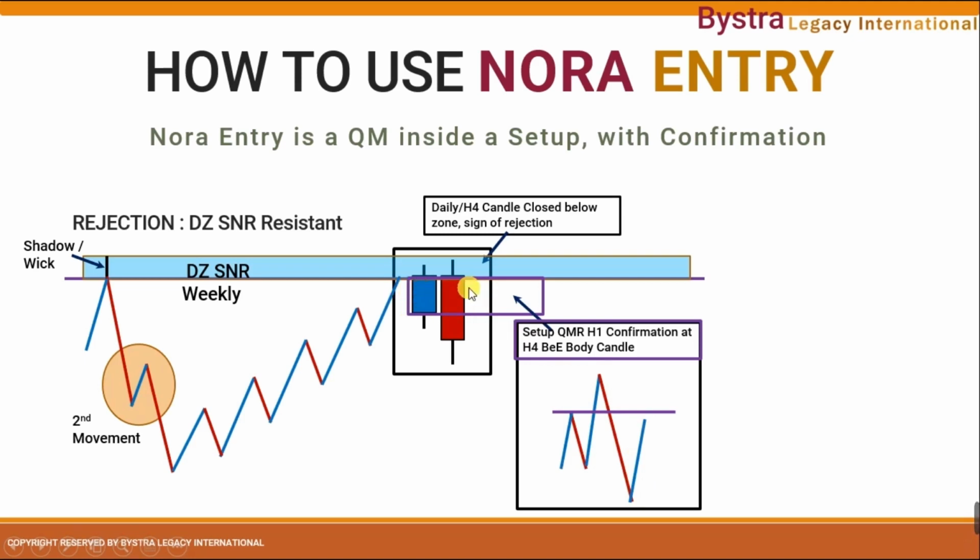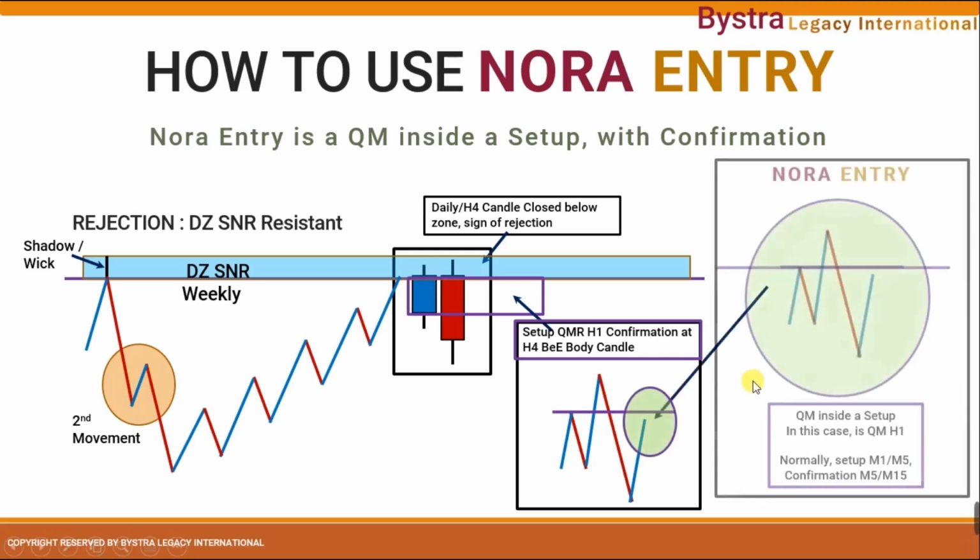So now, what is Nora Entry? Nora Entry is a QM inside this setup. In this case, this is a mini QM at the QM setup here. So this is the H1 time frame. Most probably this will be the M1 or M5 setup, so the confirmation will be a time frame higher.